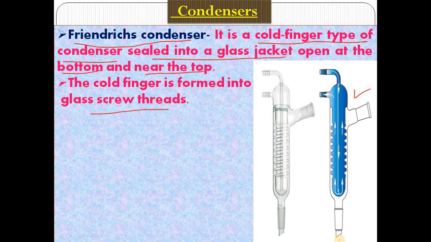Suppose in this condenser, vapors pass through, and there is a sealed glass tube through which water circulation is carried out, and the water goes out from this outlet. In a critical case, the Friedrichs type of condenser is applied.